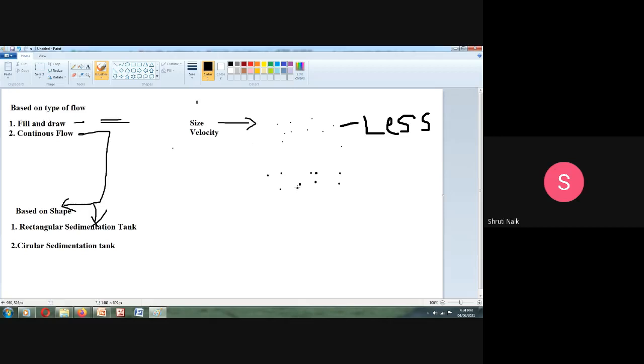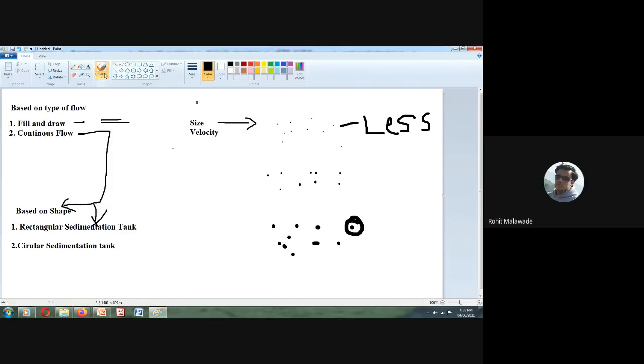The greater one. Now, I will have still more. Which will settle early: first one, middle one, bottom one? Bottom one, sir. Why will the bottom one settle early? Because the particle size is more.